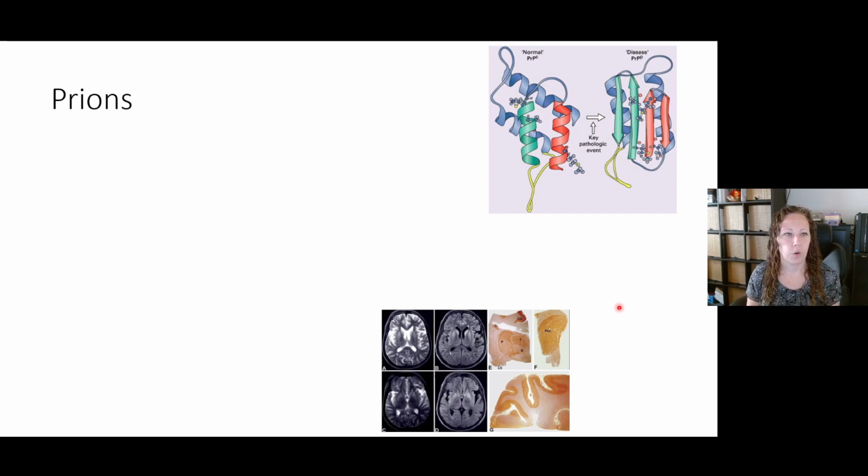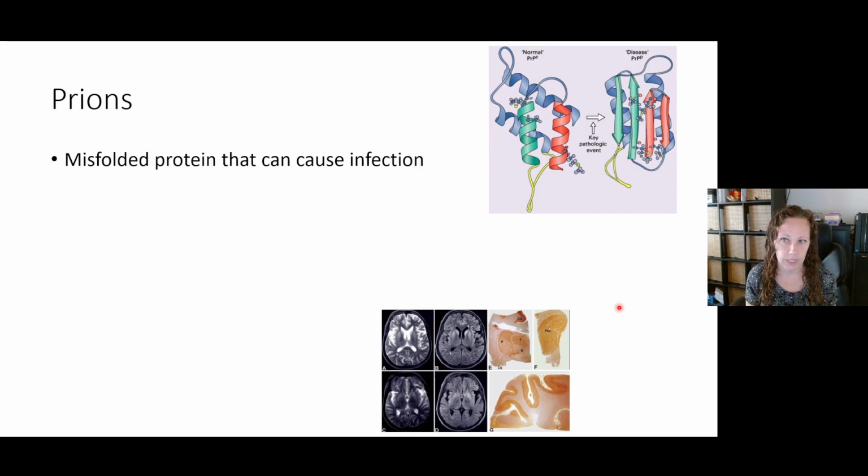Okay, so then the last thing that we'll talk about as far as foodborne infections is prions. So these are completely separate. These are not bacteria, parasites, or viruses, okay? But prions are actually a protein that is misfolded.